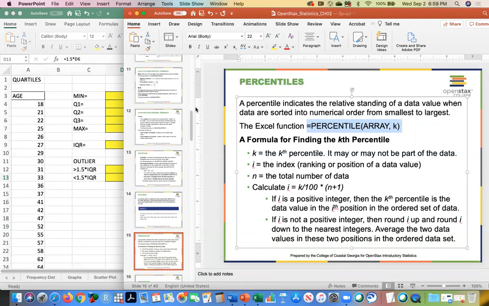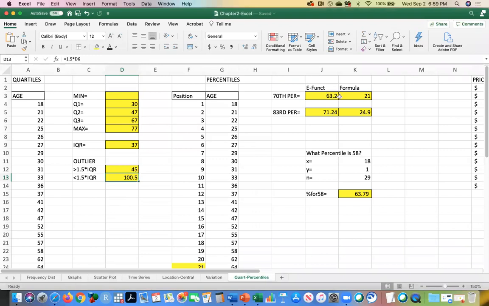In this case, we also have a formula. I think I did the two of them. I am using the formula where i is the index, the ranking of the position, k is the percentile, and n is the total number of data points. I want to know what data represents the 70% of the data, right? So what I did is the following.